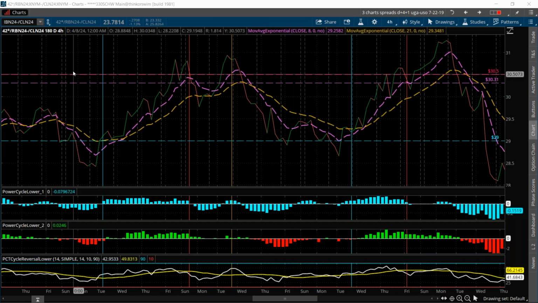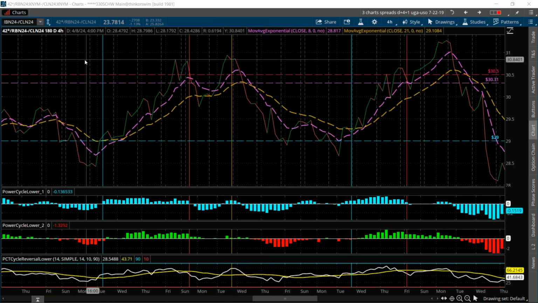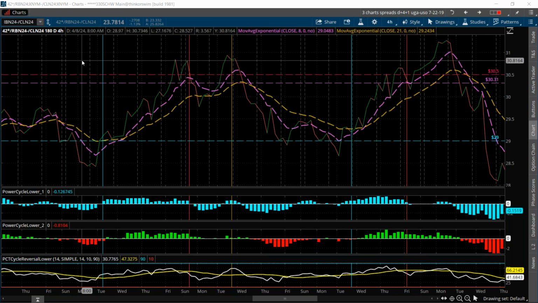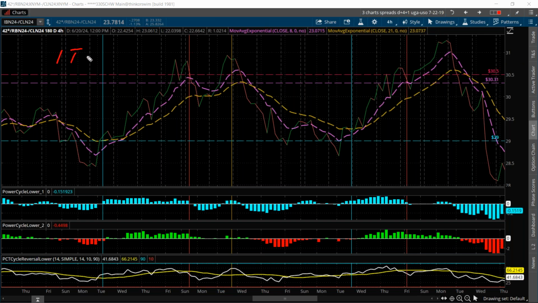Or if you buy one futures contract of gasoline, you convert that to barrels, you're actually controlling 1,000 barrels of gasoline. Right, so I think I said it backwards, I'm sorry. So one futures contract equals 1,000 barrels of oil. That's pretty cool.